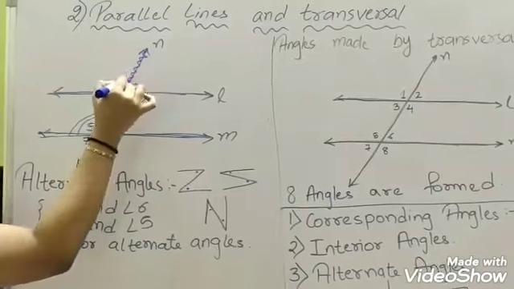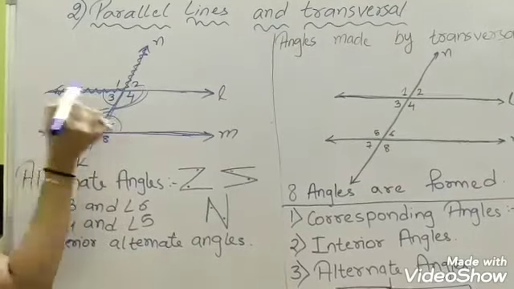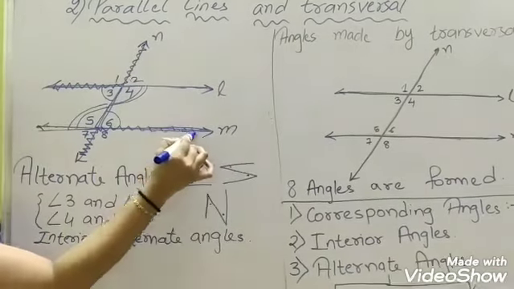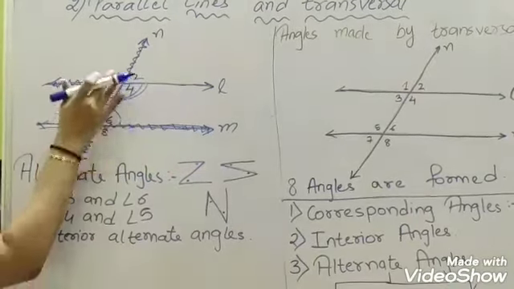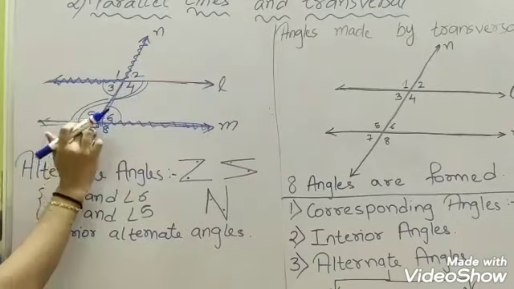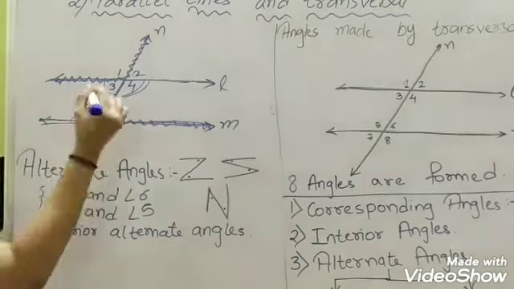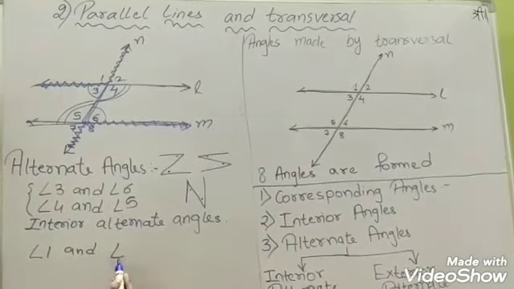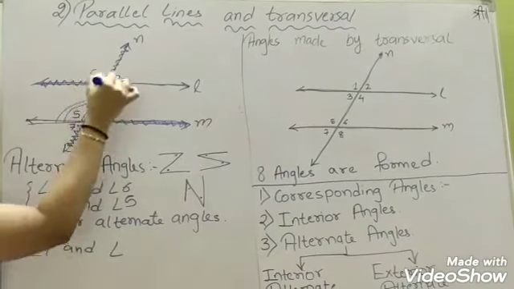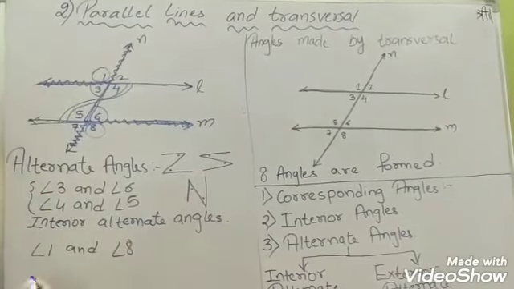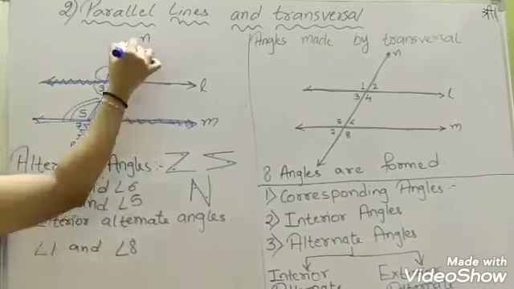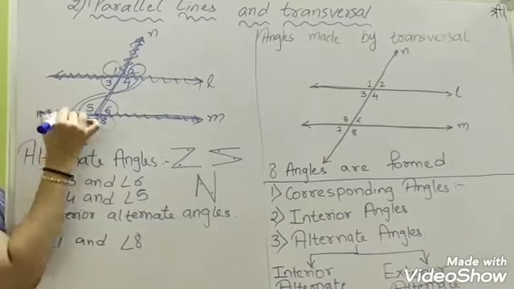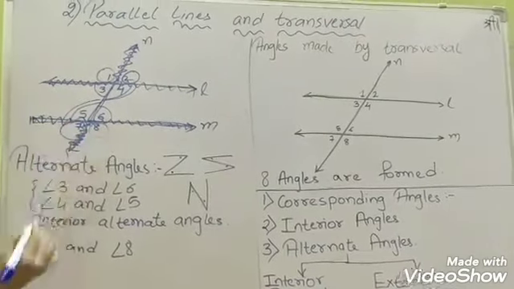Okay, now let's see what is meant by exterior alternate angles. Here you can see this part and here this part. Suppose if I join these both parts, you will get a structure like Z. Okay, so angle 1 and angle 8, and here angle 2 and here angle 7.